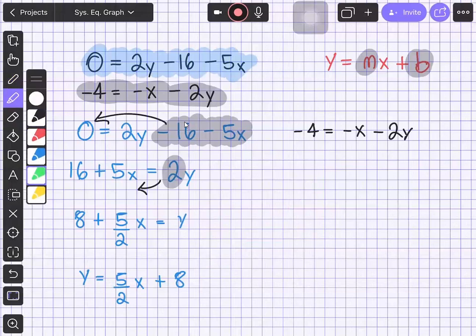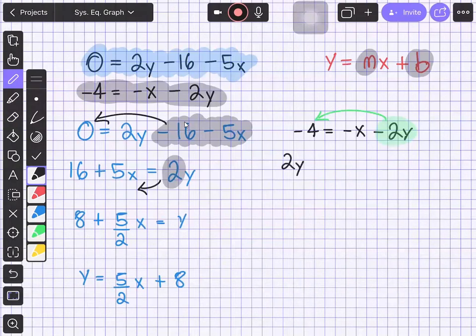Now the negative 2y, let's move it to the other side. So we end up with 2y minus 4 equals negative x. We do exactly the same thing for the negative 4. So we end up with 2y equals negative x plus 4.